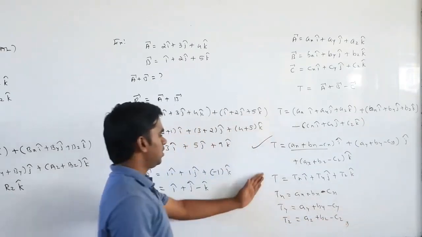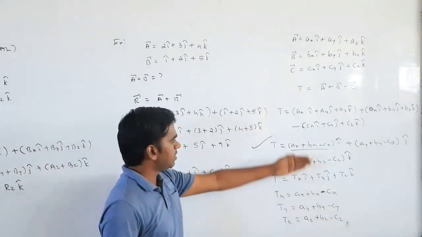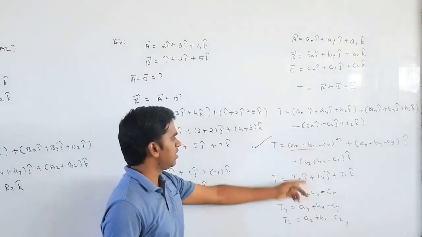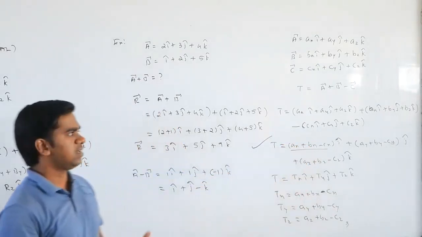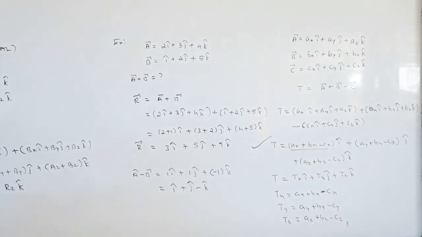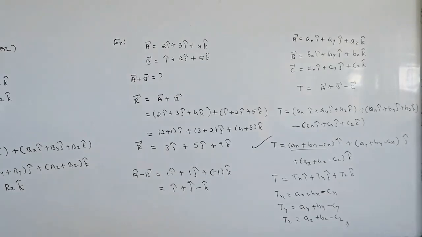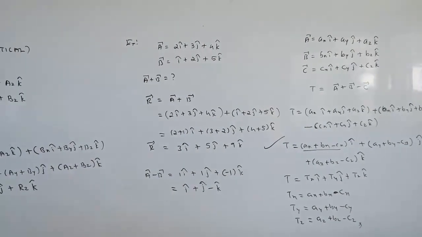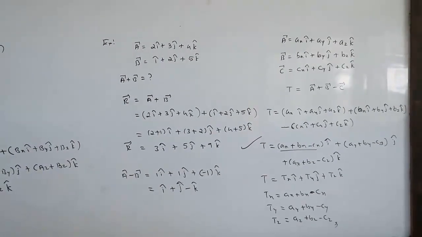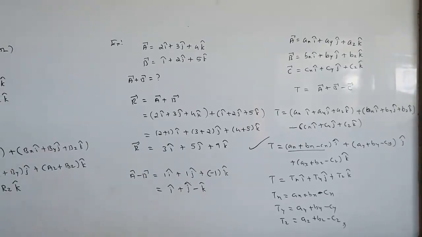No need to worry about all those things, I am just explaining and writing the same things over here. So this is going to be your answer. Like that, you can directly add or subtract if it is given in the form of unit vectors, like a equals ax i cap plus ay j cap plus az k cap.